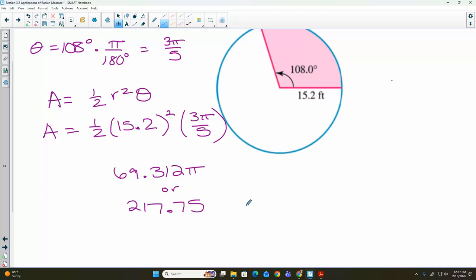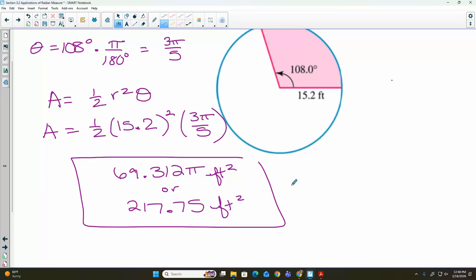What would my units be? Close. Area isn't just plain feet. Area is always square, so square feet. All right. Any questions there?